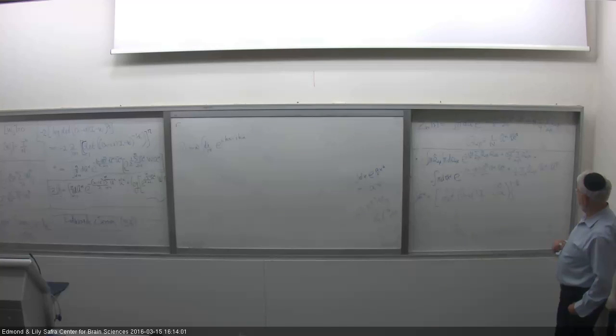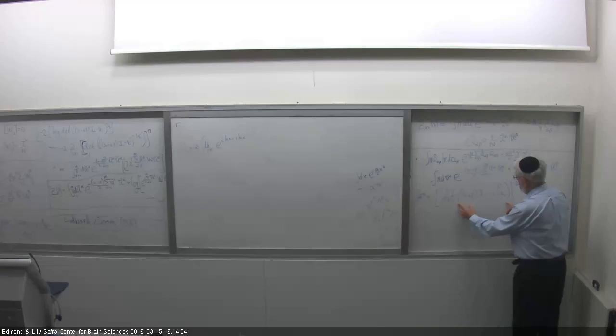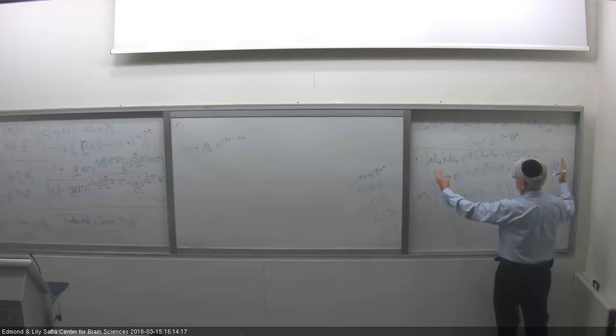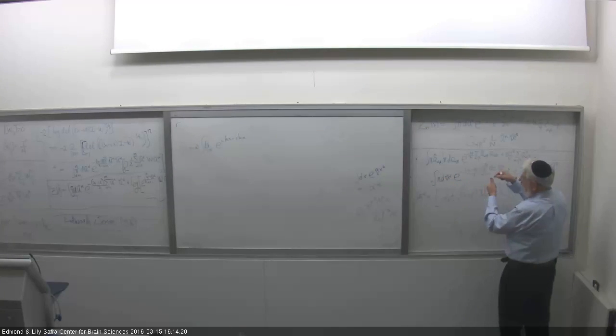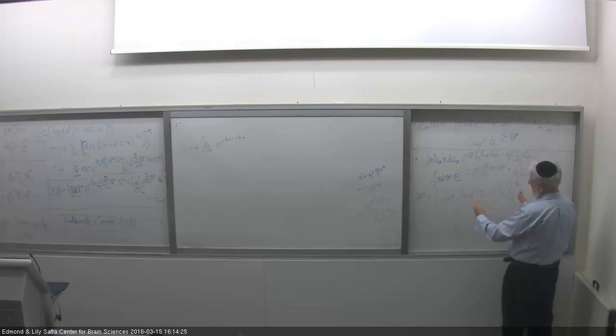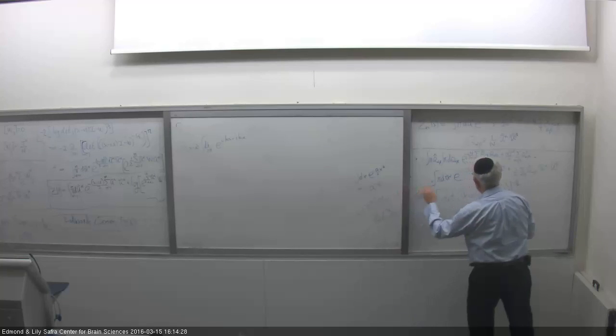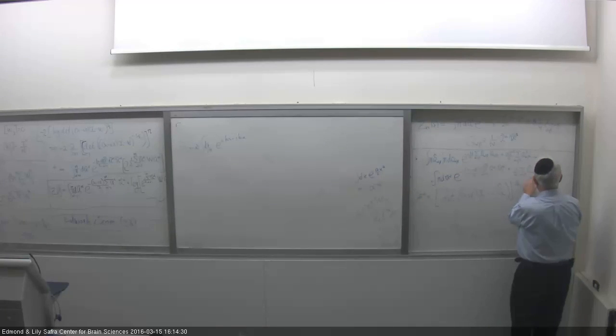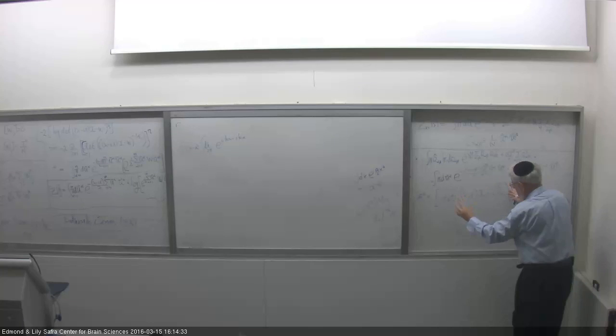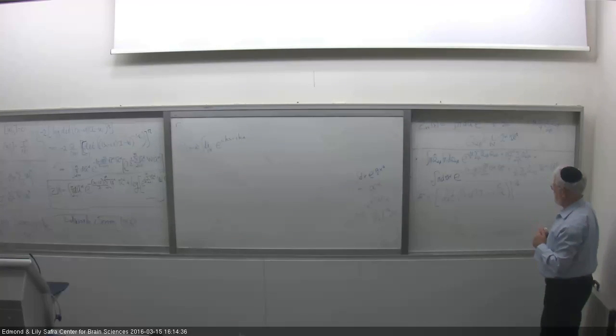What is the dimensionality of this matrix? Small n by small n. Each one of these terms is just an integral over the replicas. Coming from here it is diagonal, from here it is not diagonal. It's a little n by little n matrix. Take the determinant of that to the power minus n.